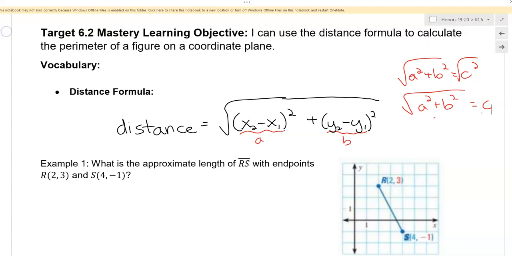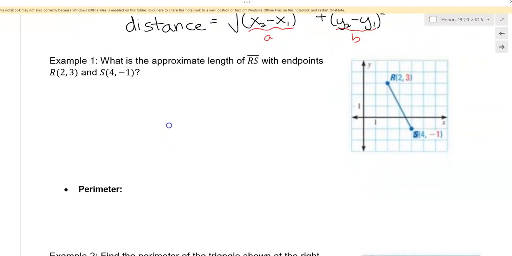So that x2 minus x1, just as we looked at with partitioning a segment, is really what we call our x distance and our y distance. Between these 2 points, what's our x distance? If I go from here to here in my x, I go over 2.